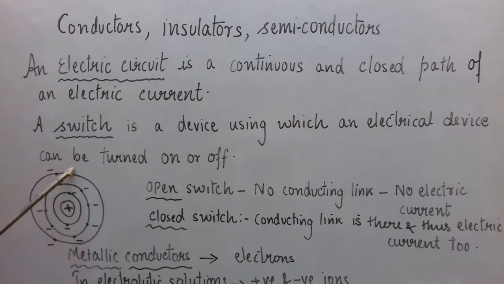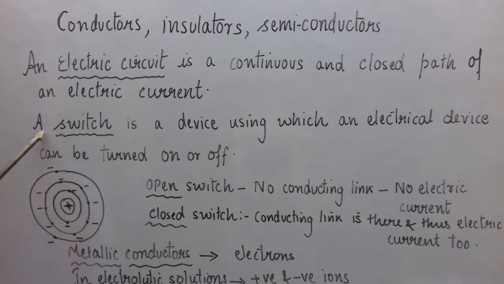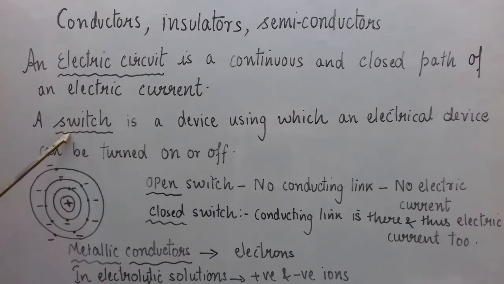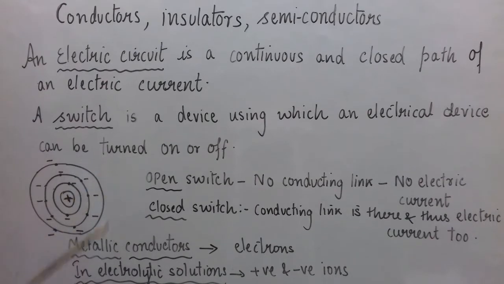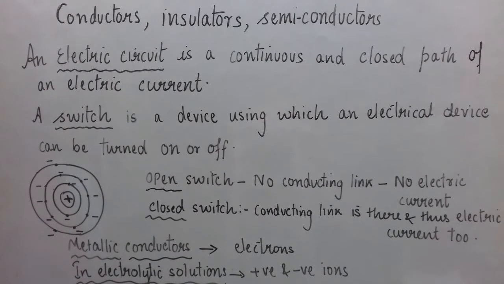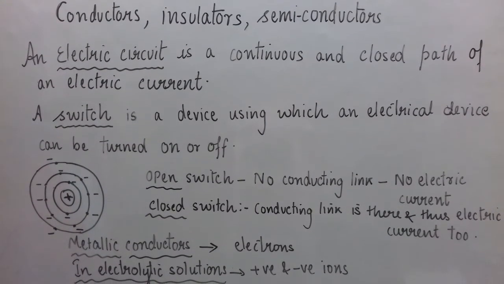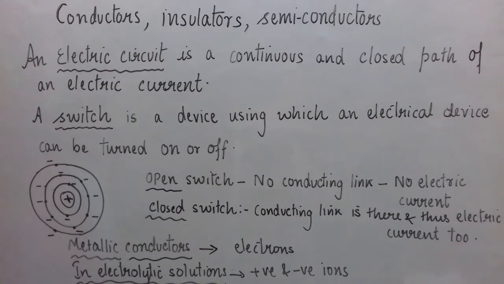Okay, it can be started or it can be stopped. So switch provides the conducting link in the circuit. Now you know that switch can be, normally we say, switch it on, switch it off. On means the device is working, current is flowing.